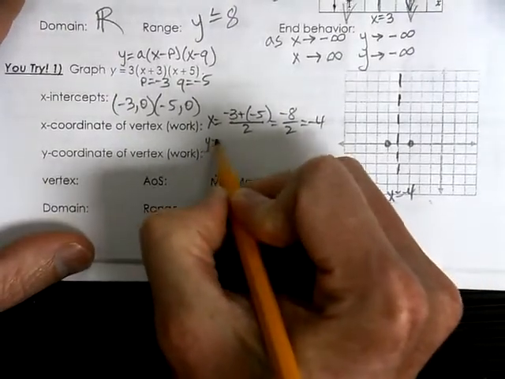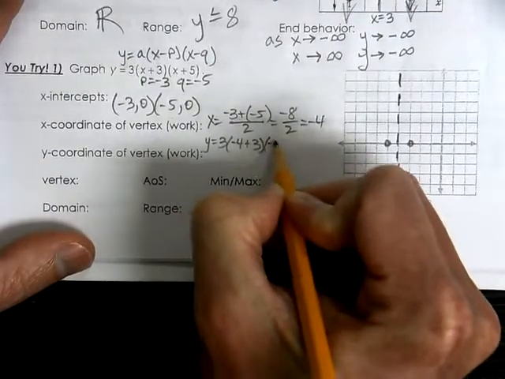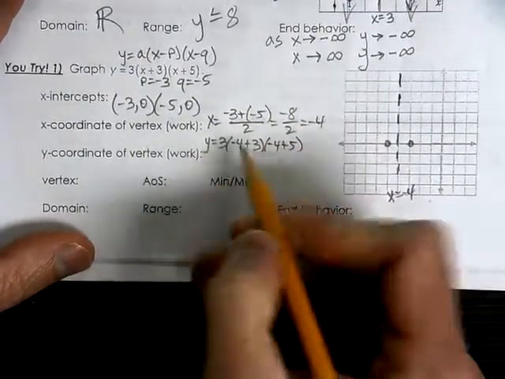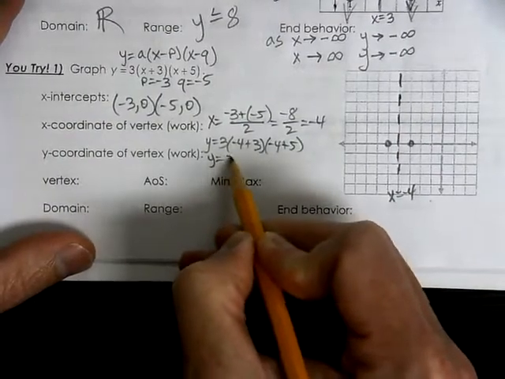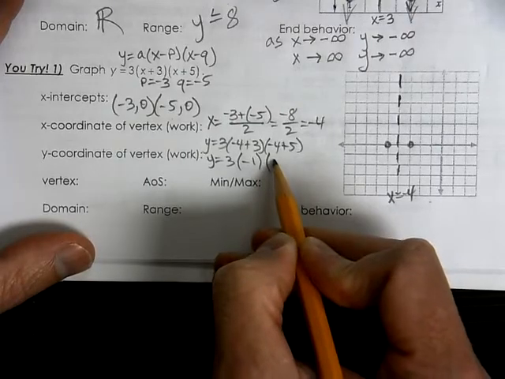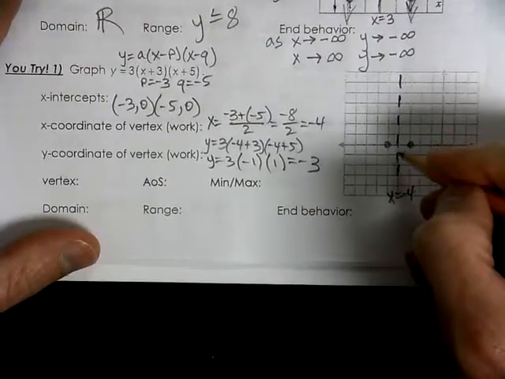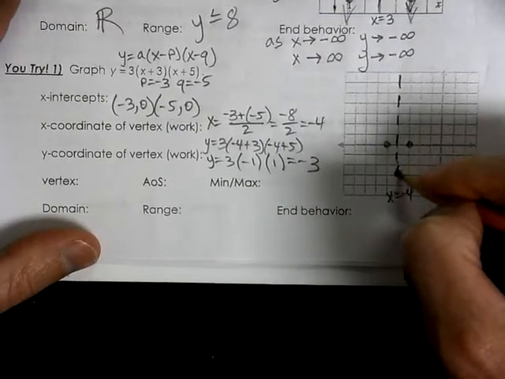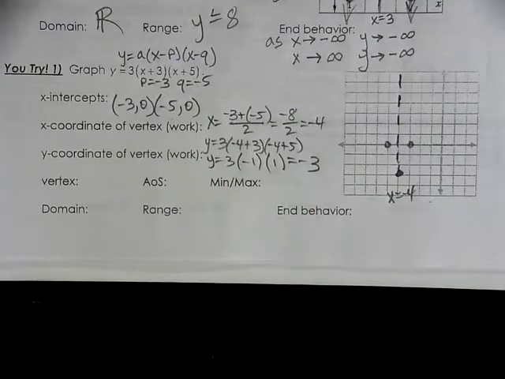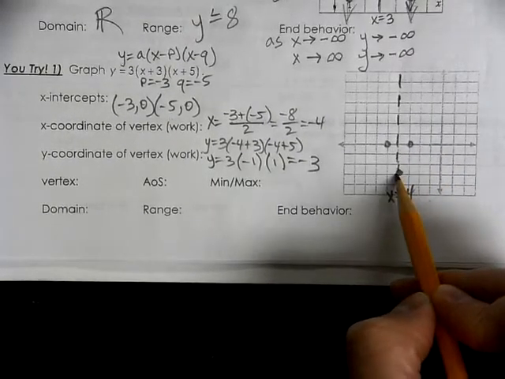So now we're going to have y equals 3(-4 + 3)(-4 + 5), 3 times -1, that's a -3, times 1, that gives us a -3. So when x is -4, we're down here at -3.